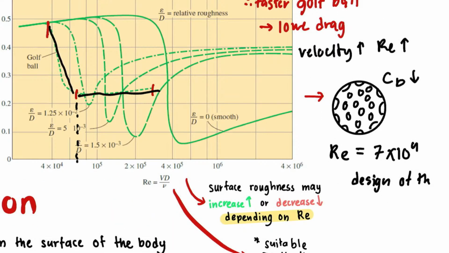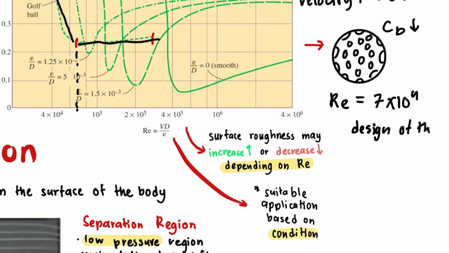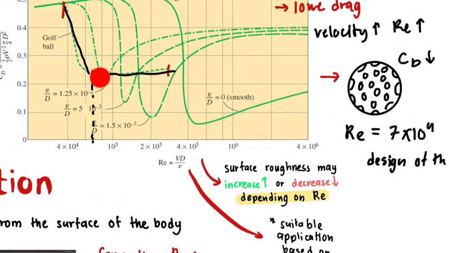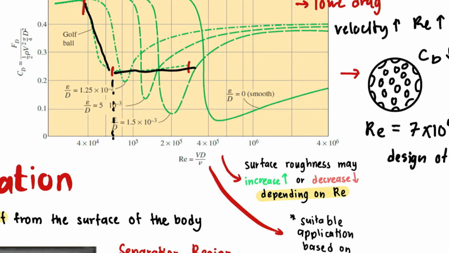So assume the velocity to be very high. When the velocity is high, the Reynolds number is also high. When the velocity increases, the Reynolds number increases. So over here, we can observe that the coefficient of drag decreases. Why does it decrease?